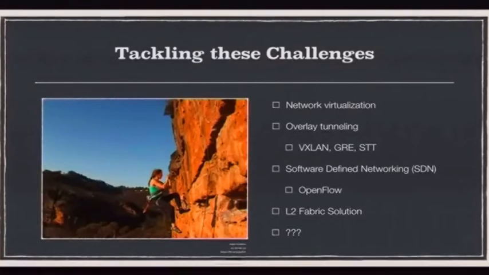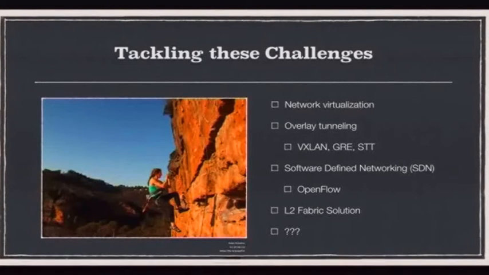So when we started looking at how we were going to tackle these challenges, you have network virtualization, which is kind of a catch-all for everything. You have overlay tunneling via VXLAN, GRE, or STT. We'll dive into those a little bit later.